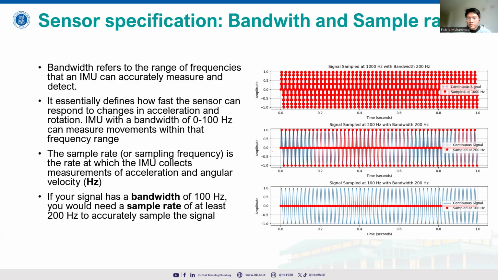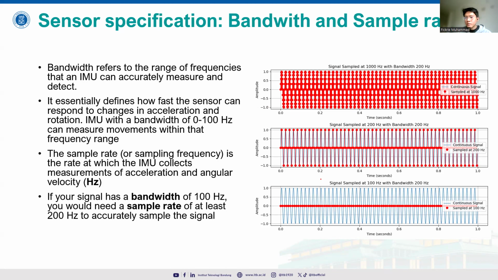As we can see here in the pictures, for example, when the signal is sampled at 1000 hertz with a bandwidth of 2000 hertz, we will not have a seamless sampling.